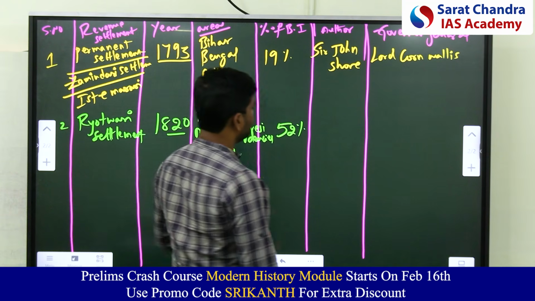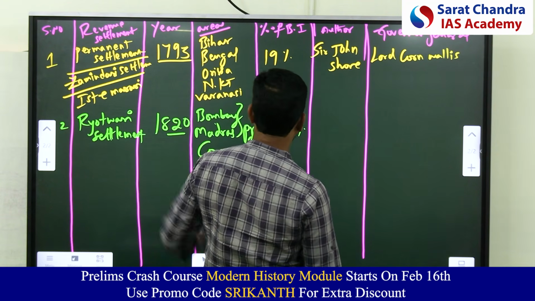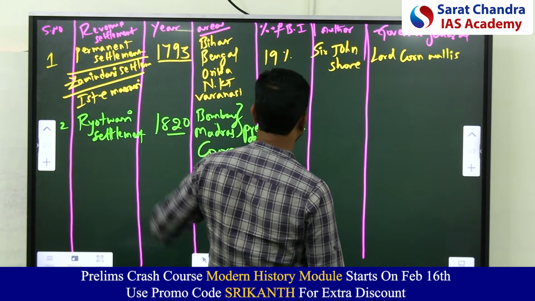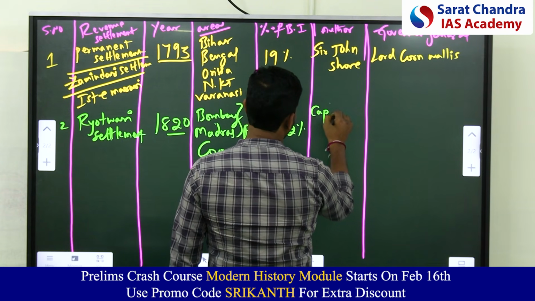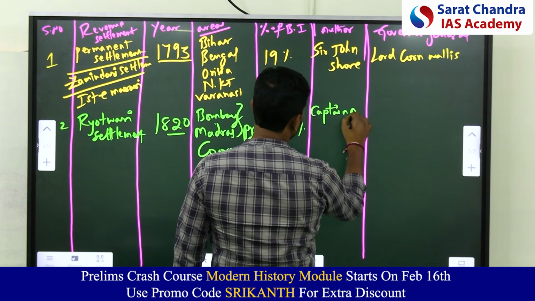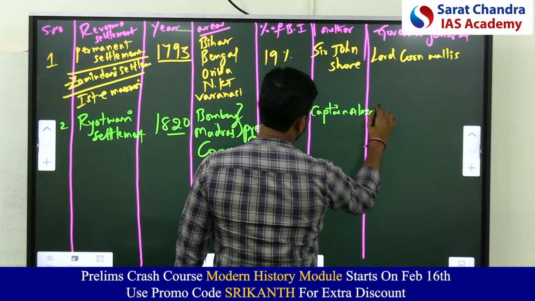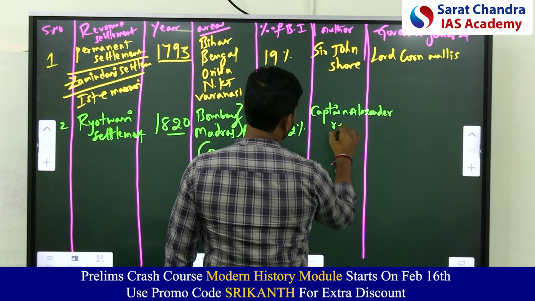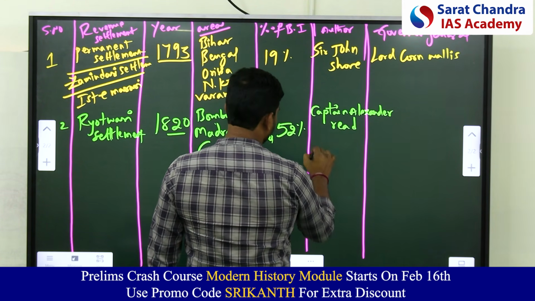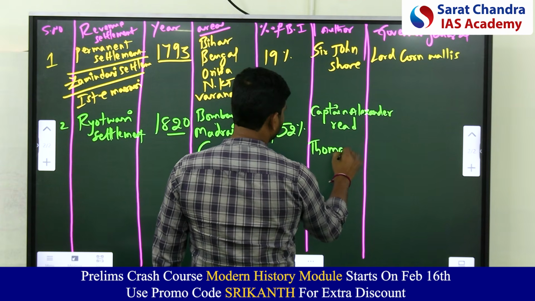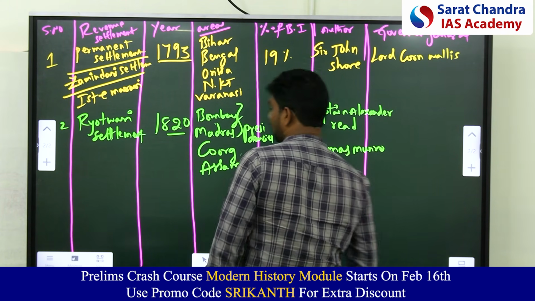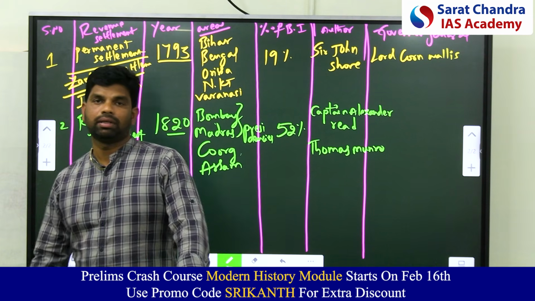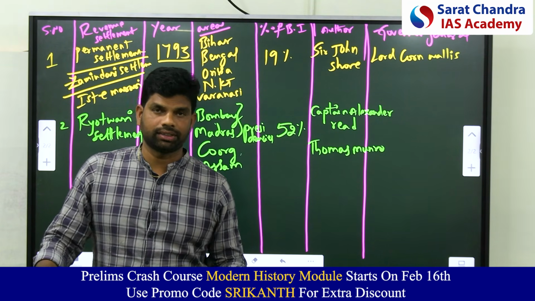Sir John Shore devised the Permanent Settlement. The first person associated with the Ryotwari Settlement is Captain Alexander Read, who for the first time implemented this policy on an experimental basis.